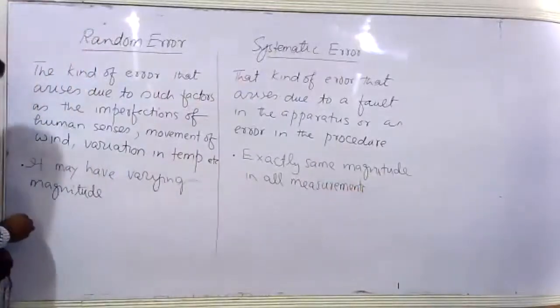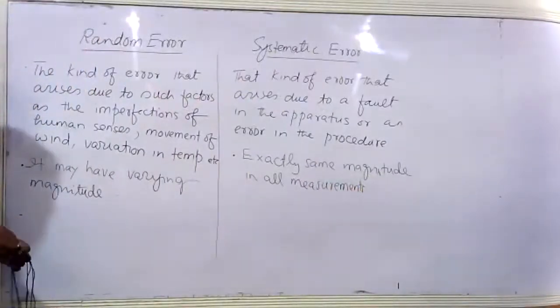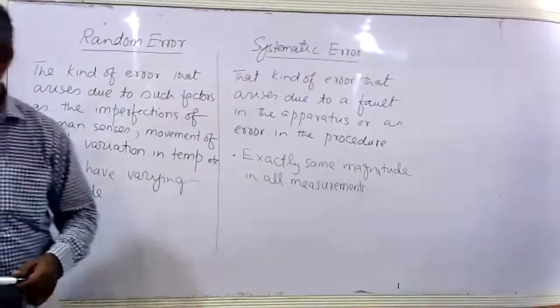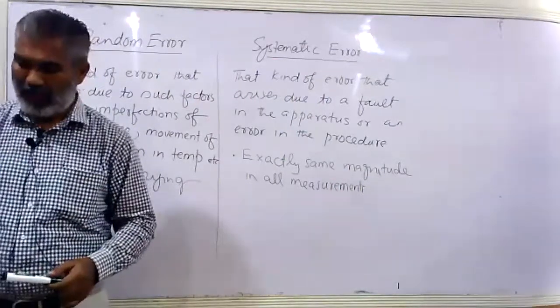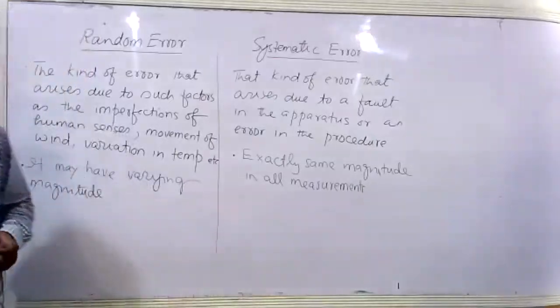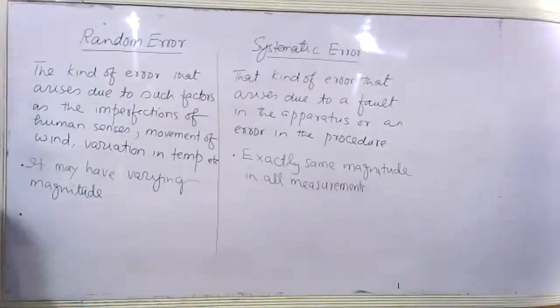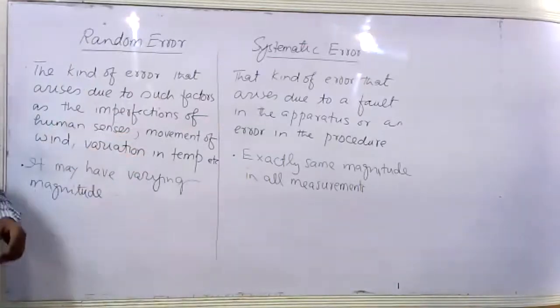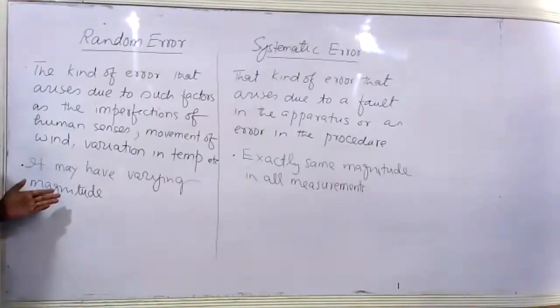Then random error may be positive or negative. That means if you are repeating a certain experiment several times, you might have values which are greater than the accurate value. You might have values which are less than the accurate value.